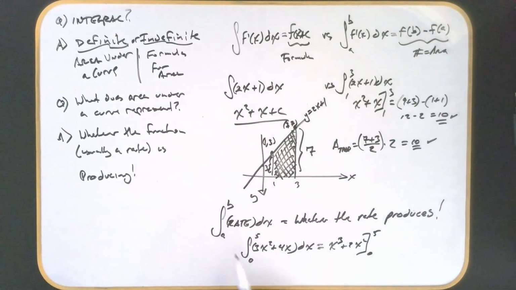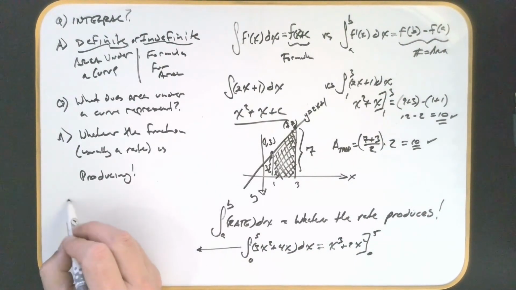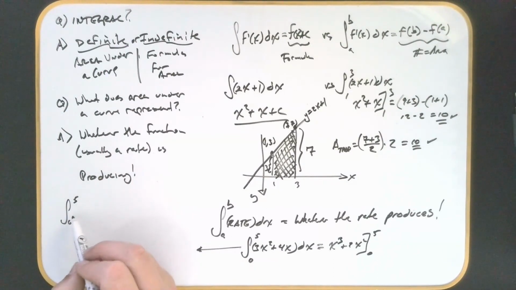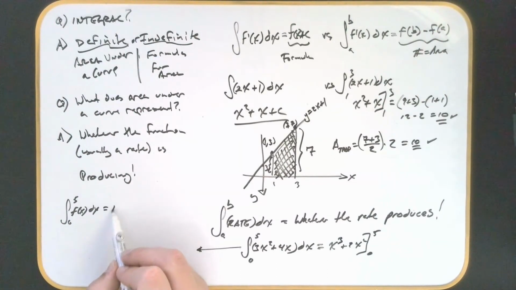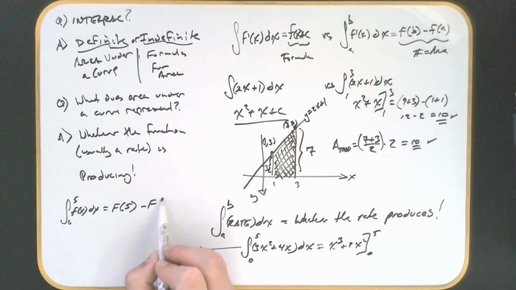But what I want to show you more generally is this. If you were to integrate from 0 to 5, and I'm just going to make this lowercase f of x dx, I would integrate that, I would get capital F of 5 minus capital F of 0, doing the fundamental theorem.